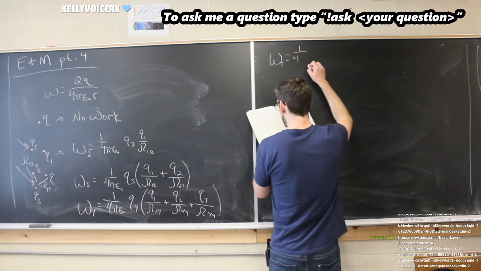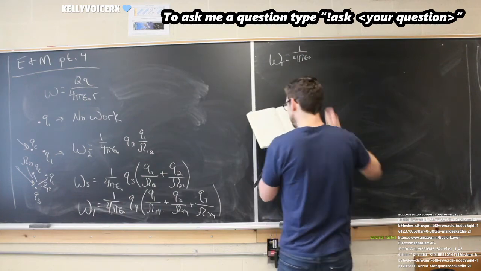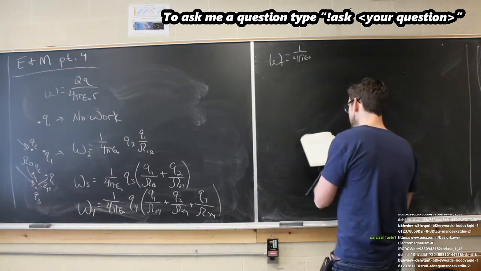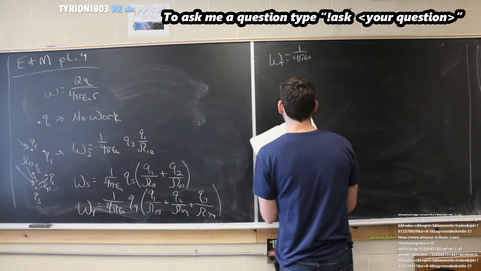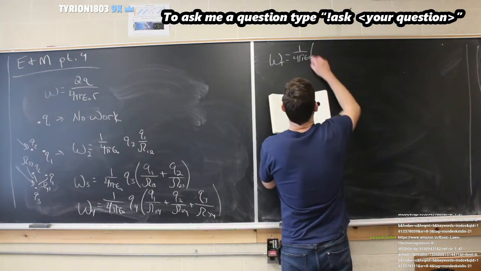So we'll do work total, 1 over 4 pi epsilon naught, of having all of these particles, pretty much starting with Q1 and then adding one in at a time. What do we get? Well, we get what you think.